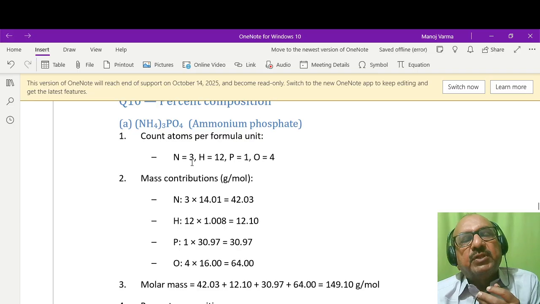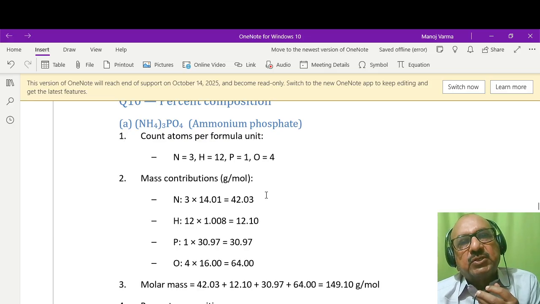So since you know the number of atoms of each kind, the total mass contribution will be 3 times this, similarly 12 times of this, just once phosphorus, and oxygen 4 times. So these are the contributions of nitrogen, hydrogen, phosphorus and oxygen in the total.